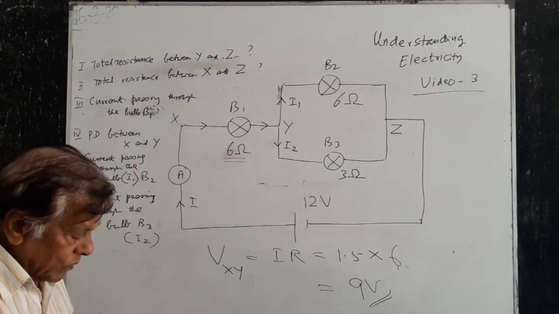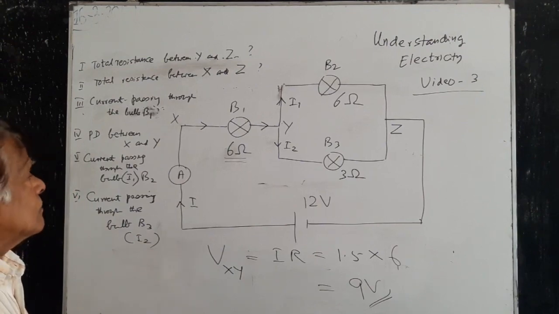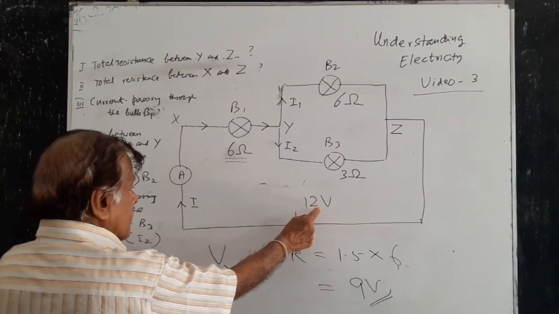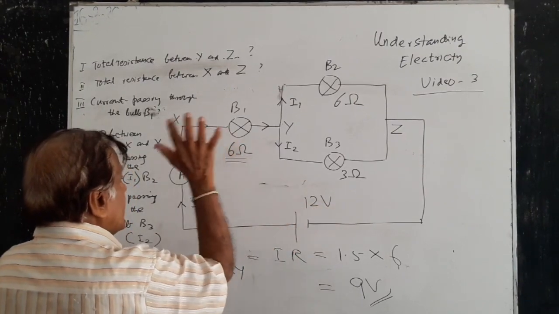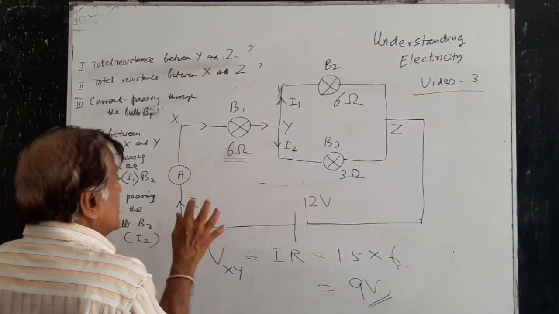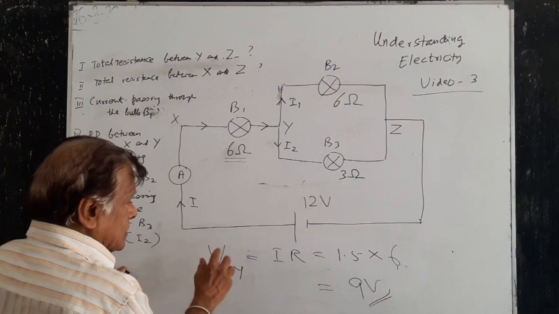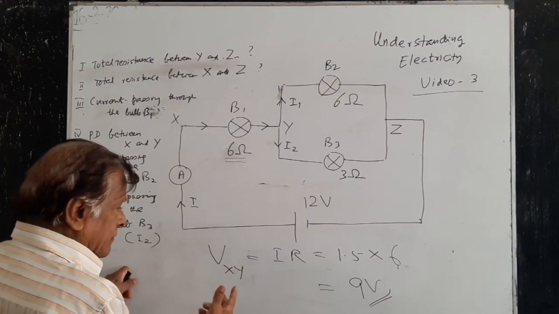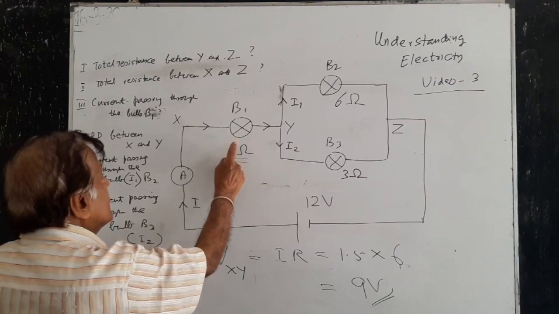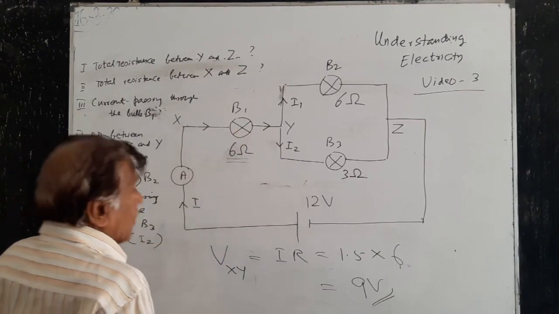Now do you understand what this means? From this 12 volts, 9 volts of potential difference is for this bulb. The potential difference across this bulb is 9 volts.